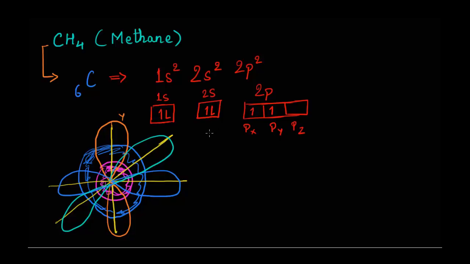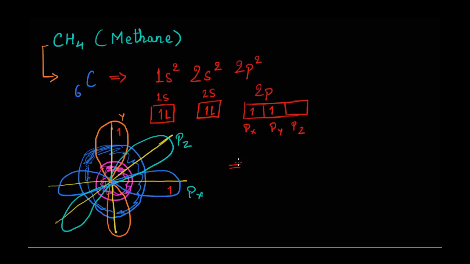With two electrons in the p orbitals, they can be anywhere in these three, so let's say one electron in px and one in py. So our carbon will look something like this: 2 electrons in 1s, 2 in 2s, and 2 in 2p.